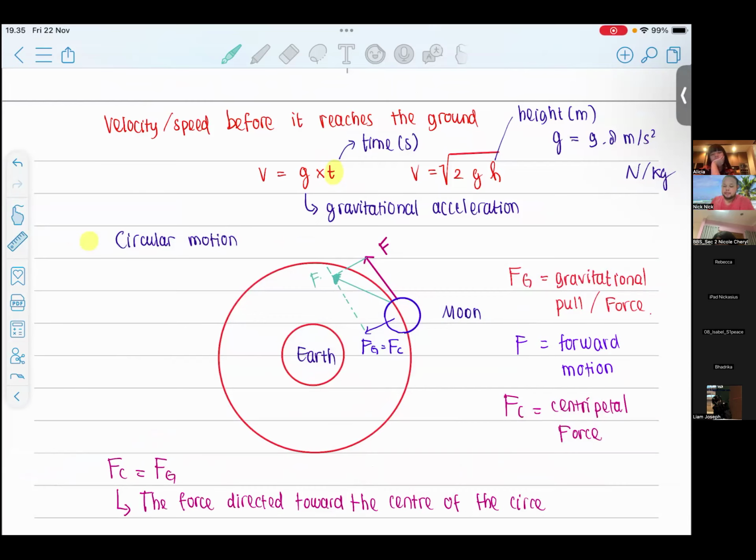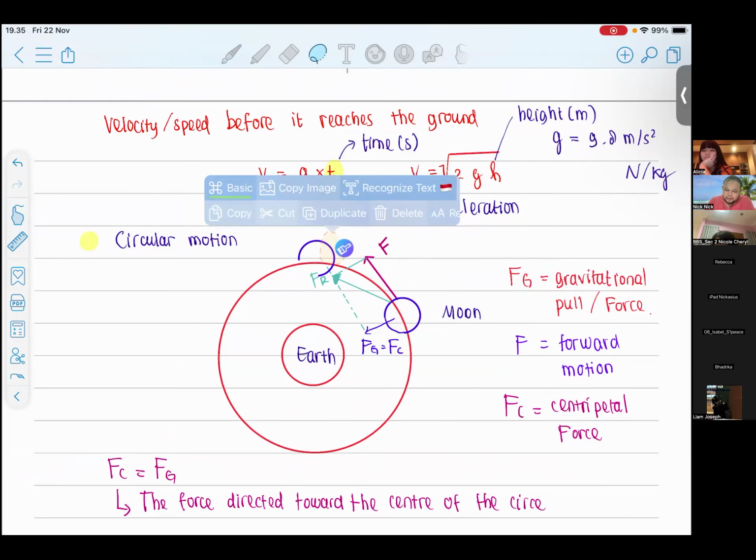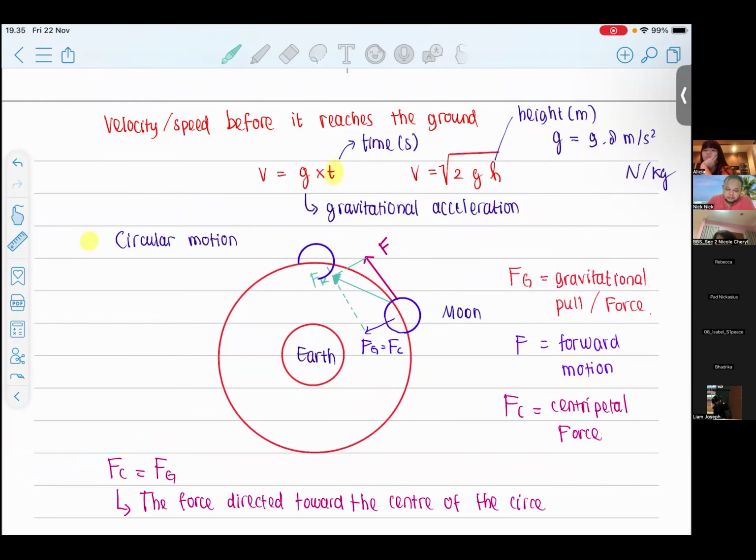FR. That's why the moon later will move here. The moon later will move here.